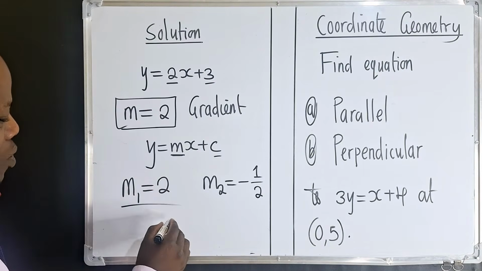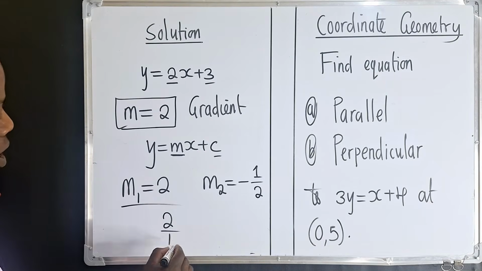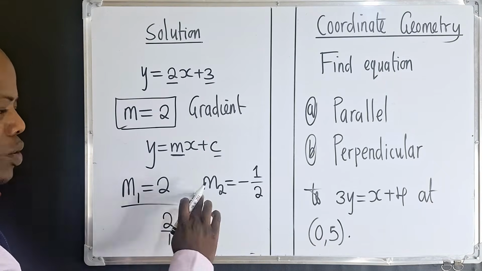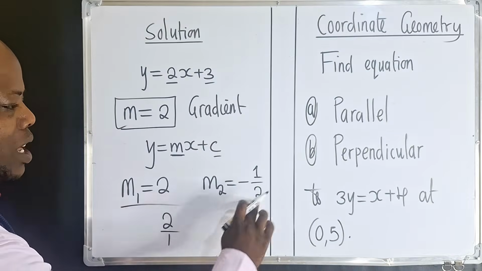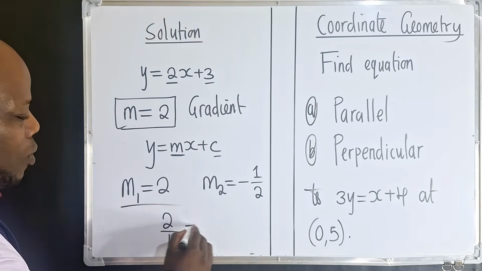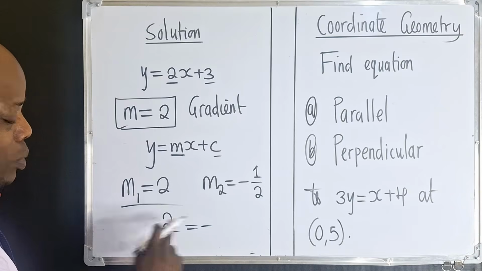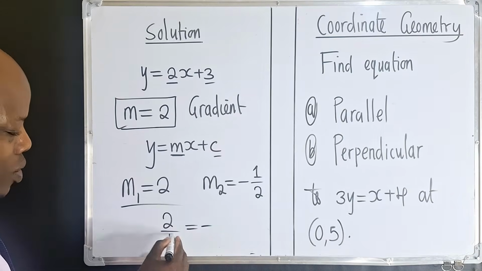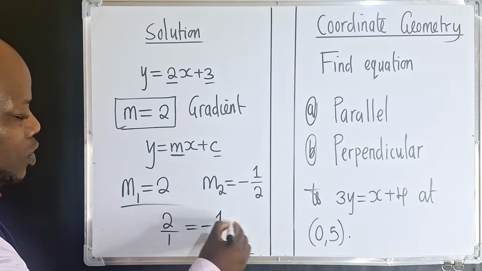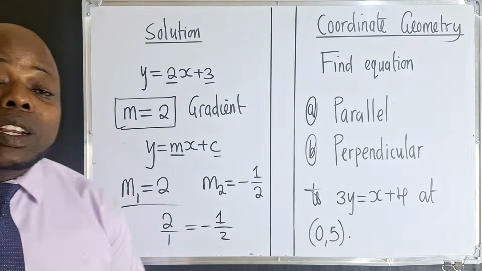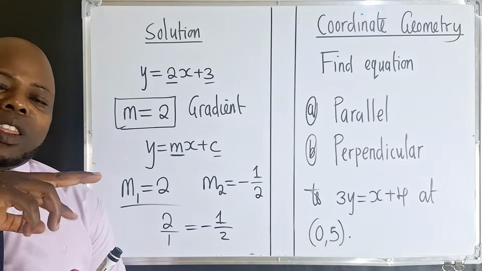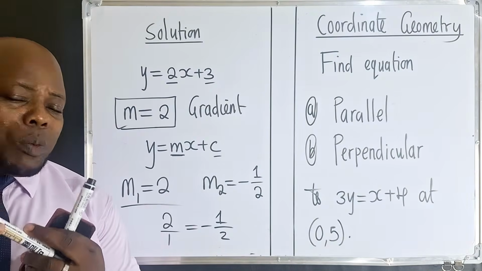This 2 is the same as 2 over 1. So the way it is for you to find the perpendicular gradient, the sign here is negative since this is positive. And then you get the number which is down here, take it on top. What is on top, bring it down. So we flip. That's what we do when it comes to perpendicular.